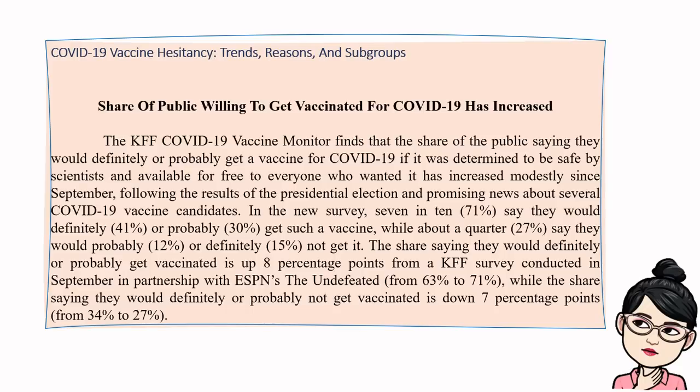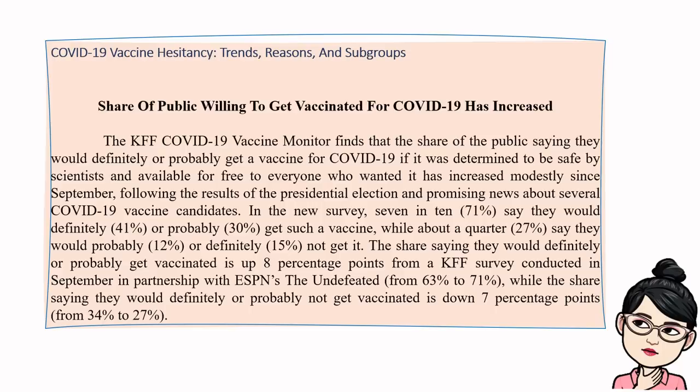Following the results of the presidential election and promising news about several COVID-19 vaccine candidates. In the new survey, 7 in 10 or 71% say they would definitely (41%) or probably (30%) get such a vaccine, while about a quarter or 27% say they would probably (12%) or definitely (15%) not get it.